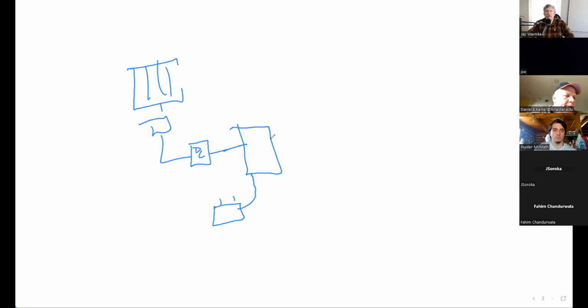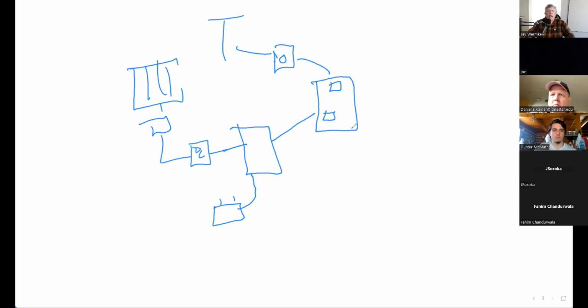And from the inverter, I'm going to go off to my main, here, which is going out to the meter and then out to the grid. And from here, I'm going to go to a critical load panel.